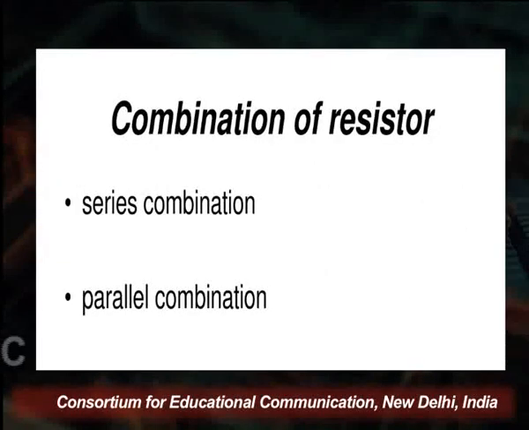Now, what are the combinations of resistors? They are combined in series as well as in parallel. Resistors connected in a chain-like structure are in a series configuration, and the total resistance is the sum of each individual resistance: R1 plus R2 plus R3, which gives the series equivalent resistance. Next, resistors in parallel.